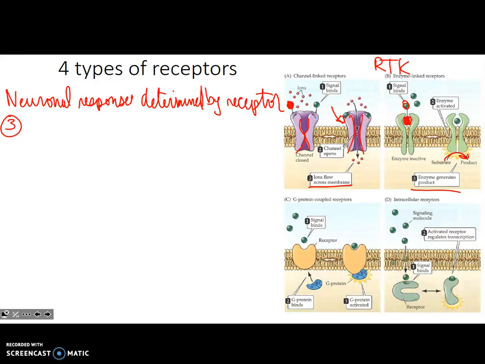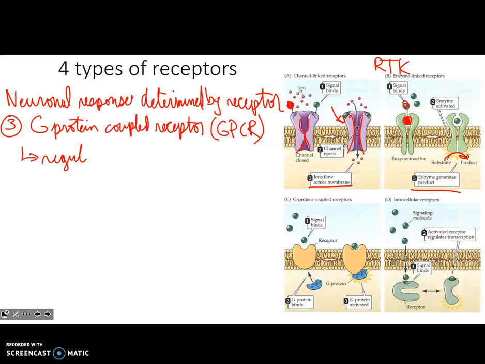The third type of receptor is the one that we're going to spend the most time on tonight: the G protein coupled receptor. I've been abbreviating this for a while, GPCR. These are going to regulate all kinds of reactions within the cell indirectly.